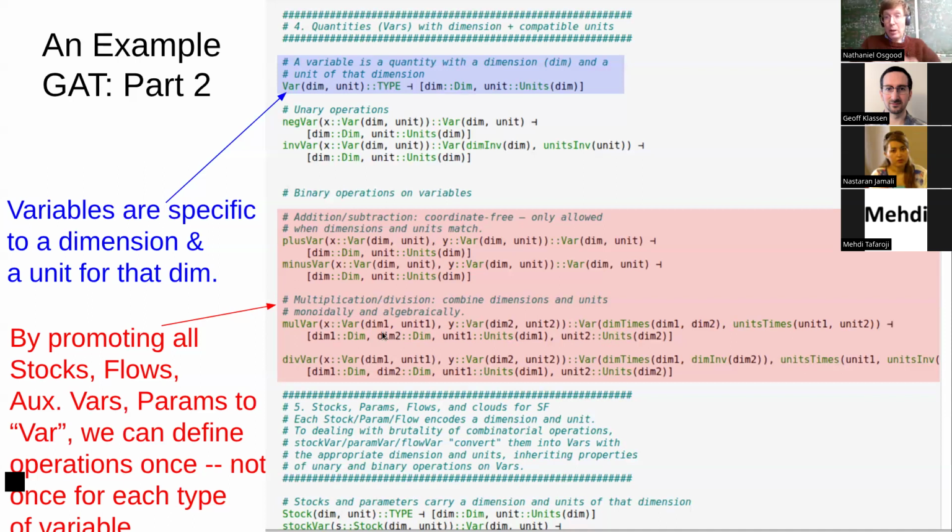Then we can multiply these things, right? If we have a variable x of dim1 and unit1, so some count of people, and we have another variable y of dimension time and unit years, we can multiply them and get a variable that's the product of the dimensions.